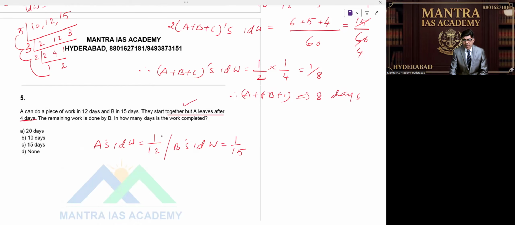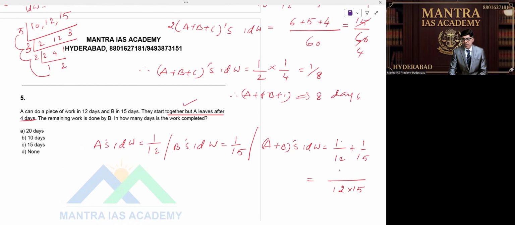Therefore, first step I am going to write here, A plus B's 1 day's work. How much is it? 1 by 12 plus 1 by 15. So this value, in my style, 12 into 15, just keep as it is, cross multiply: 15 plus 12, it is exactly 27.